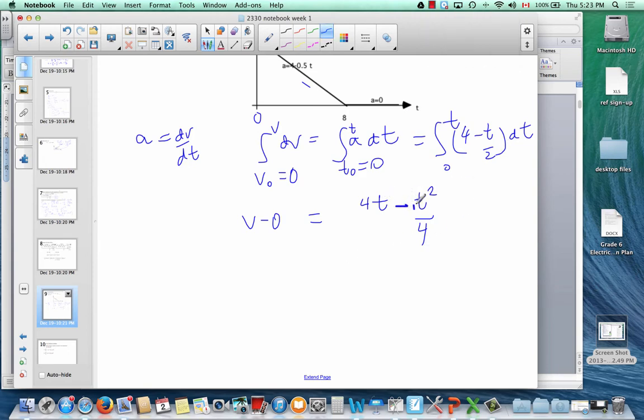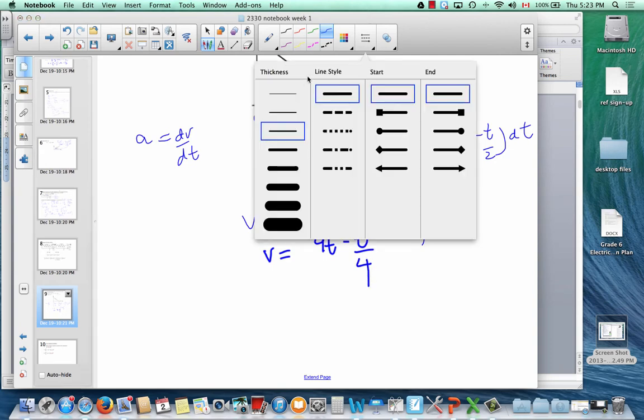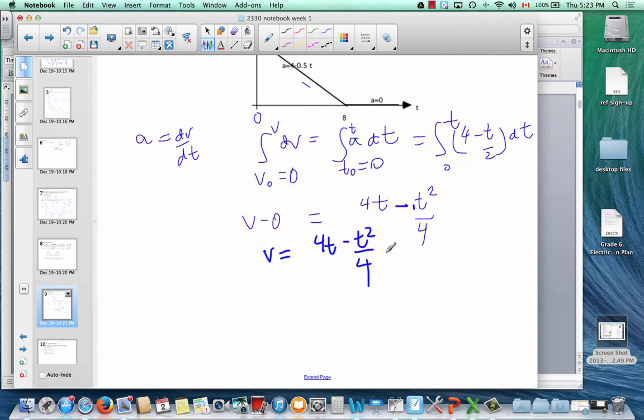That's 4t minus t squared over 4. And so rearranging, we get v equals 4t minus t squared over 4. By the time you bring the 0 over, that doesn't change anything. And now that works for t from 0 to 8.